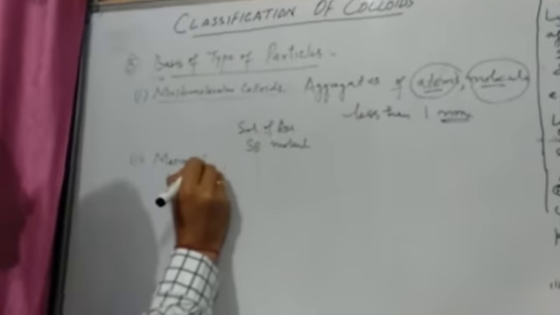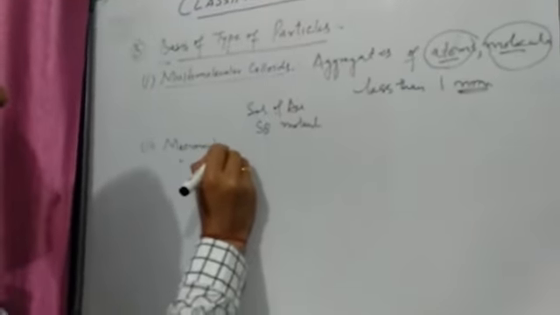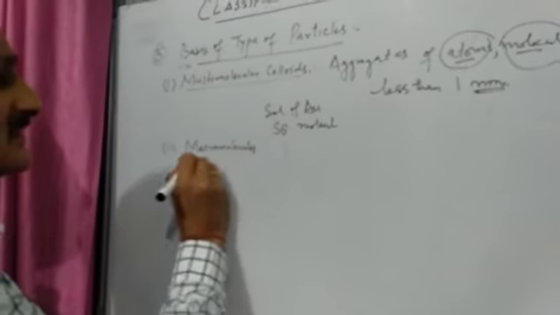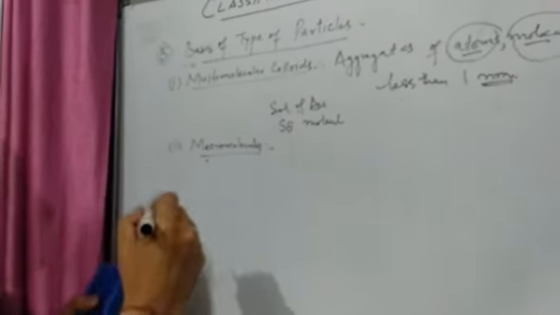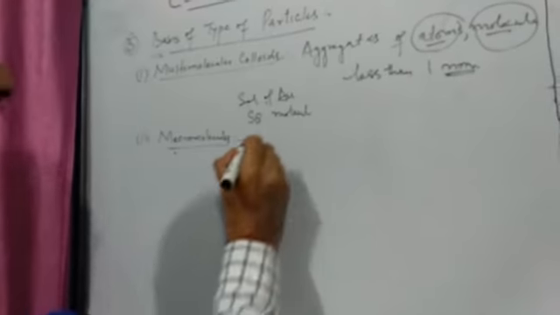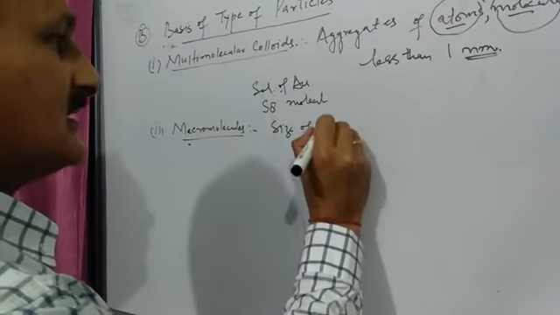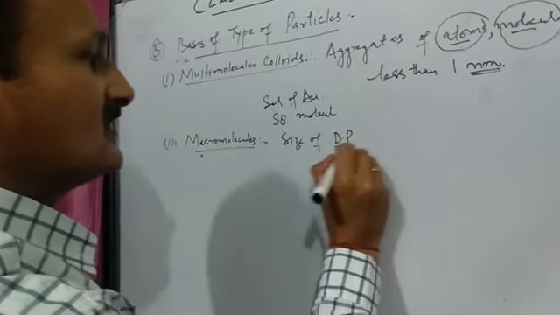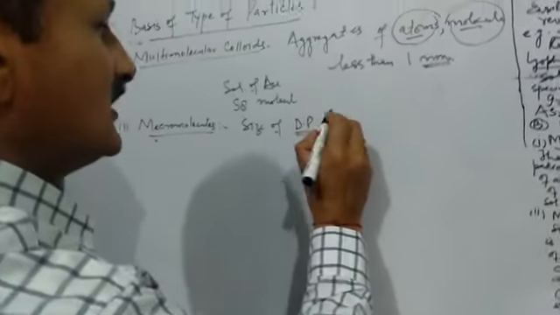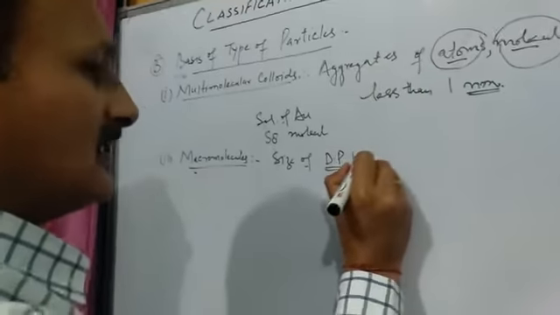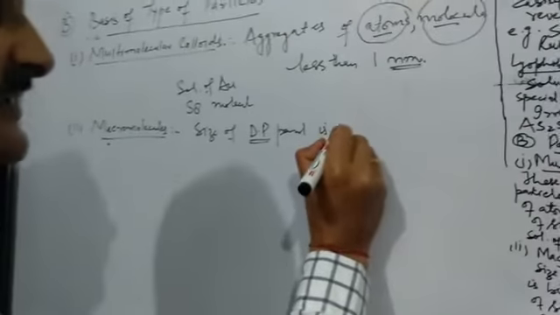By the word macro we mean big size. The size of DP, that is dispersed phase particles, is big in this case.